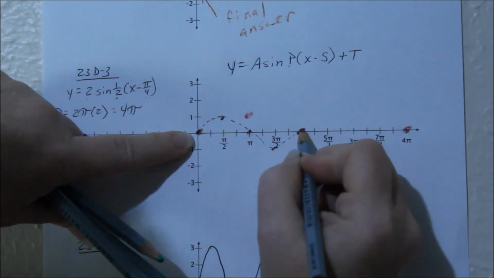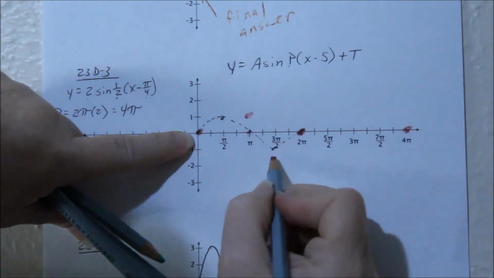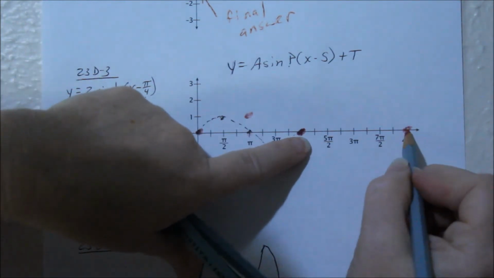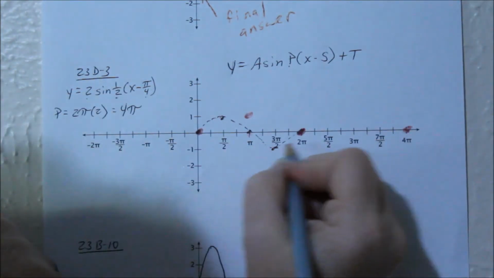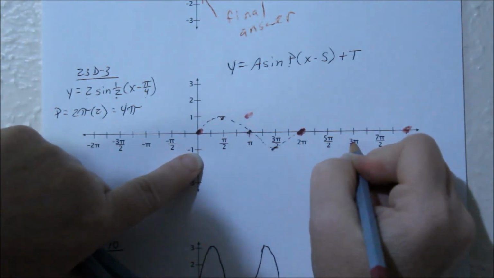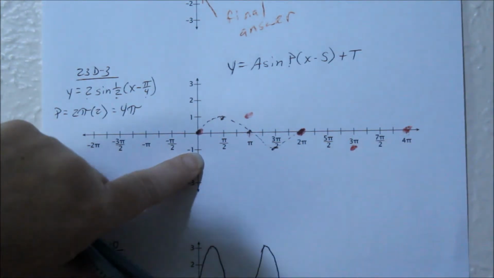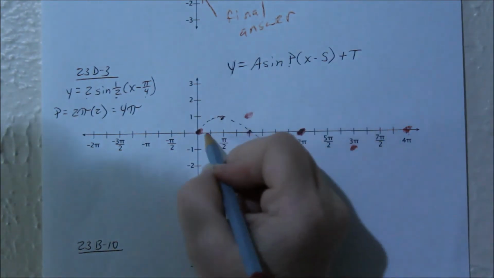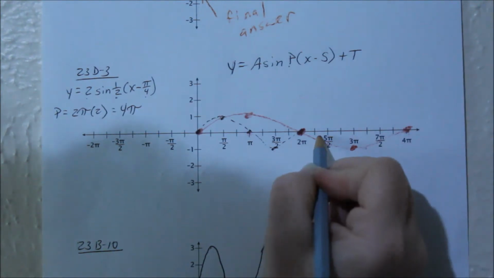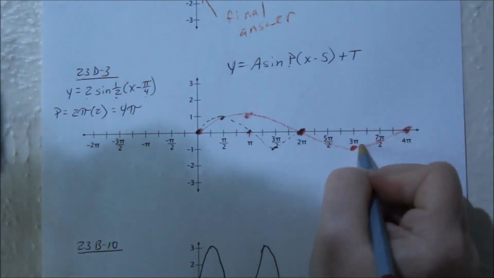Well, this low point will be halfway between here and here, because right now it's halfway between these two. So now it's going to be halfway between my two new points. So halfway between 2 pi and 4 pi will be 3 pi. So this low point is still at -1. Okay, so I did that period change. So it's going to run this whole cycle from 0 to 4 pi.